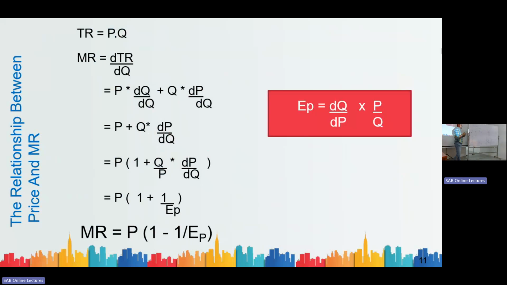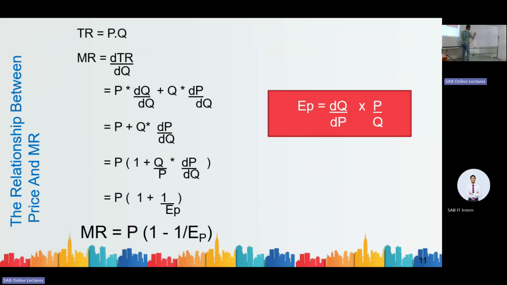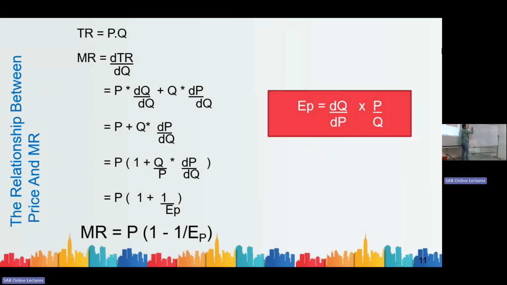We can show the relationship between price elasticity of demand and total revenue in this picture. When price falls over the range where demand is price elastic, quantity increases.